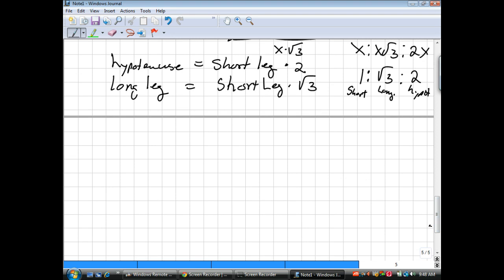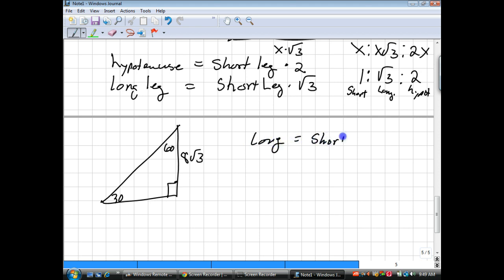All right, so if I have a 30, 60, 90 triangle, and I know that the short leg is 8 square root 3. So we know that the long is equal to short times square root 3. So the long is going to be 8 square root 3 times square root 3, or 8 times 3, or 24.